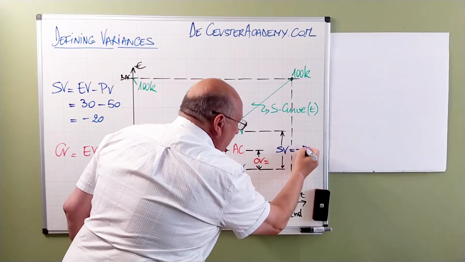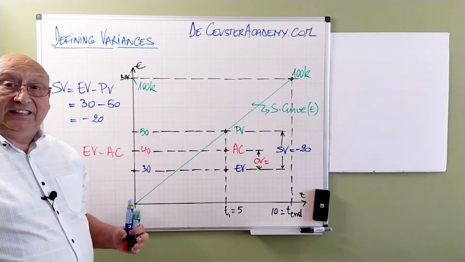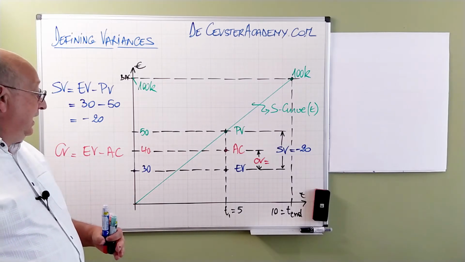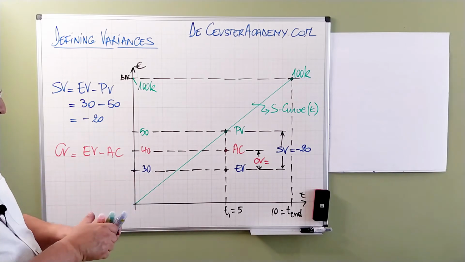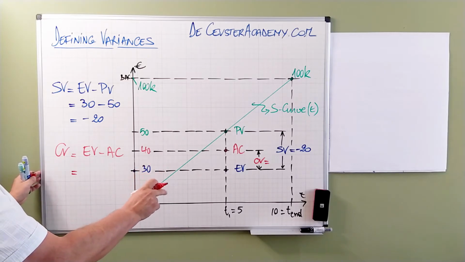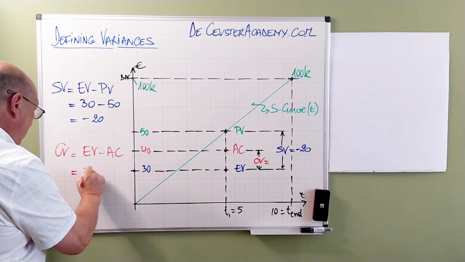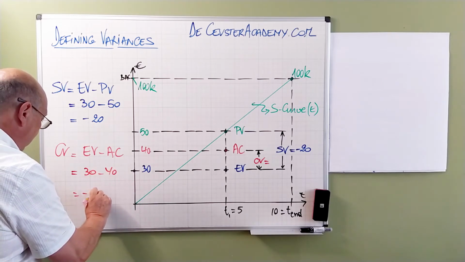So we can say minus 20. What does it mean? It means that our project is basically behind schedule. We can do the same for the cost variance. Here the cost variance is the earned value, 30, minus the actual cost, 40, which is minus 10.